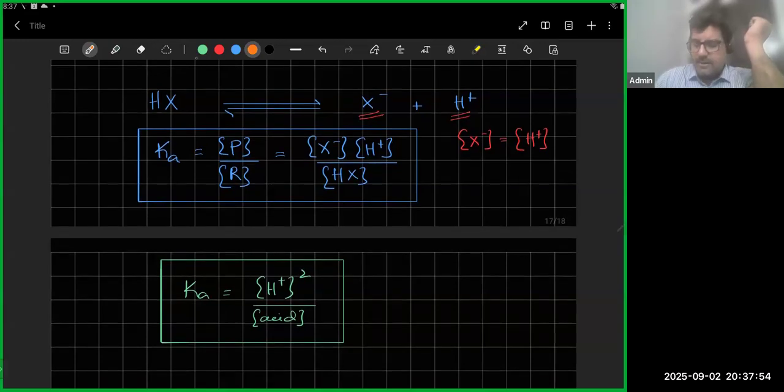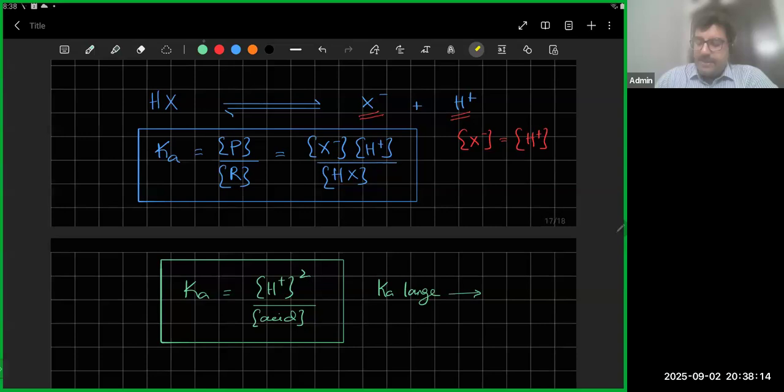It's an equilibrium constant. If you have a larger value, what does that mean? It means you have more products forming. This numerator has a bigger concentration and your denominator has a lower concentration. That means you have more products forming.